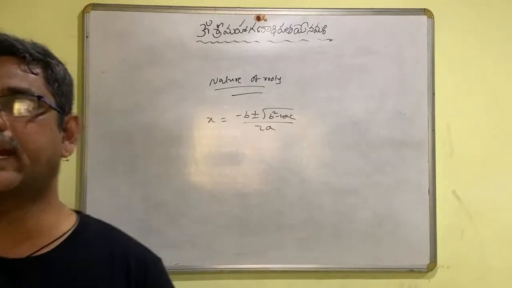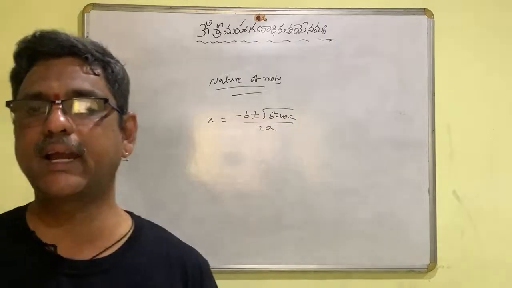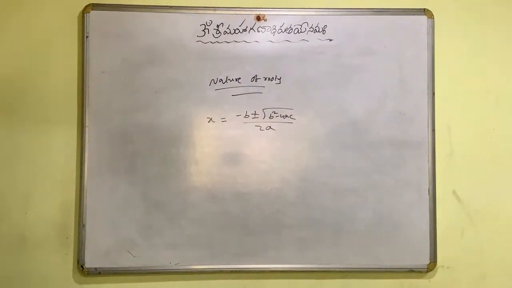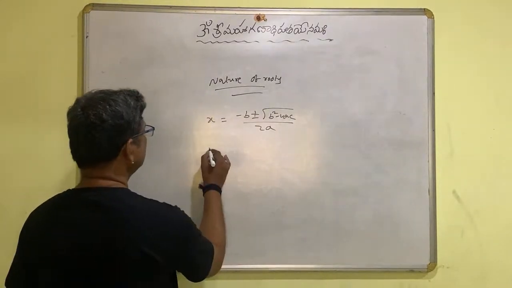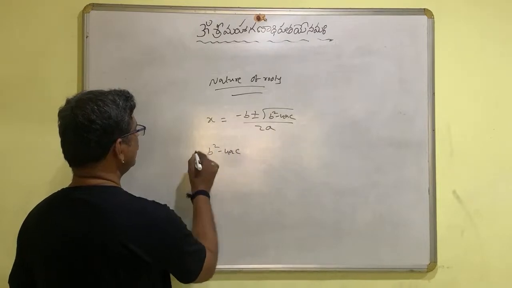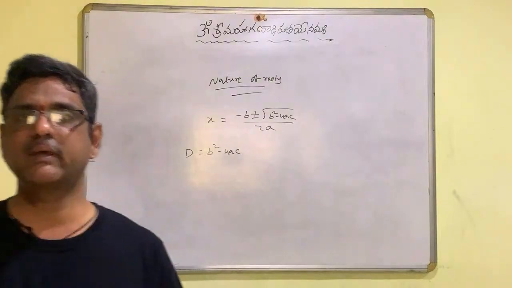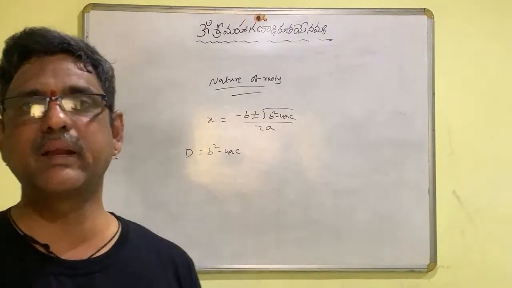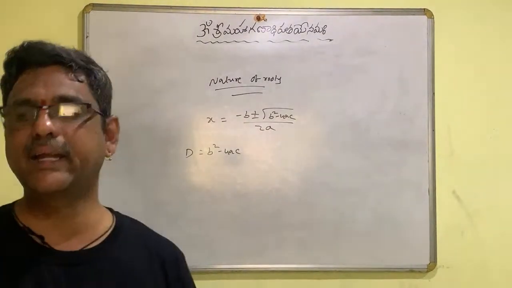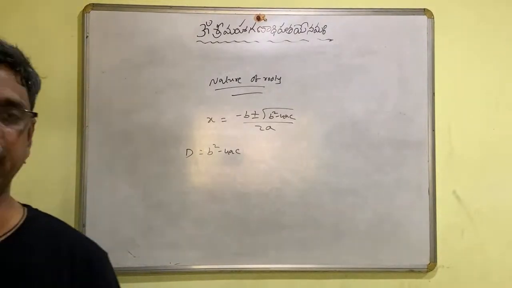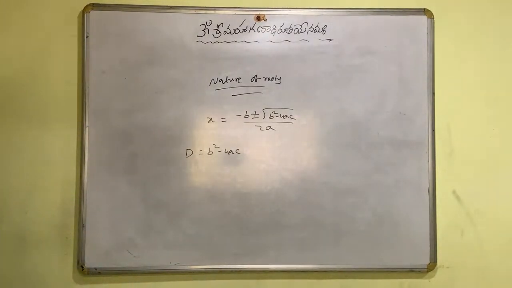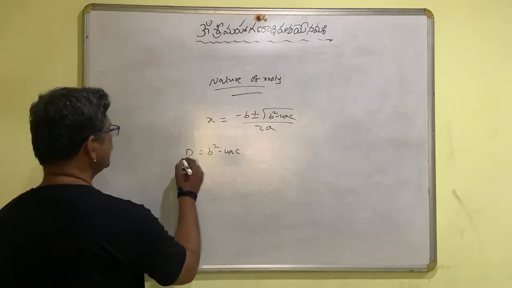It is the quadratic formula to find out the zeros of a quadratic equation. In that, b square minus 4ac is known as the discriminant, which plays an important role in the quadratic equation topic. It is denoted by the letter D.